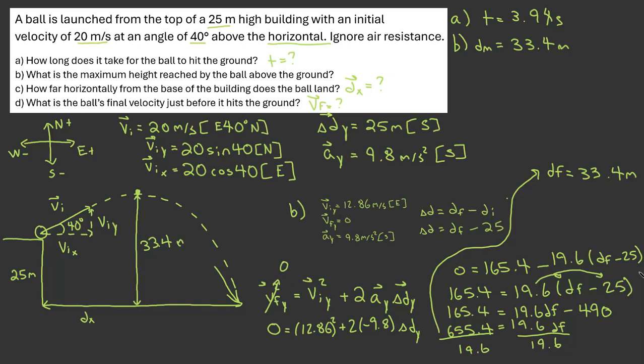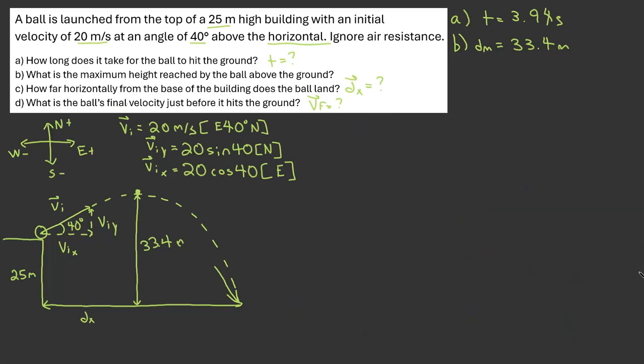Okay, a little bit of a tricky one there, but remember the key thing is to understand that our final velocity in the y component is going to be 0 there, and that we can compare our initial point to that point at max height as our final state and compare these two points to solve for what that distance could be. So I'll clear all this and then we'll solve for part C.